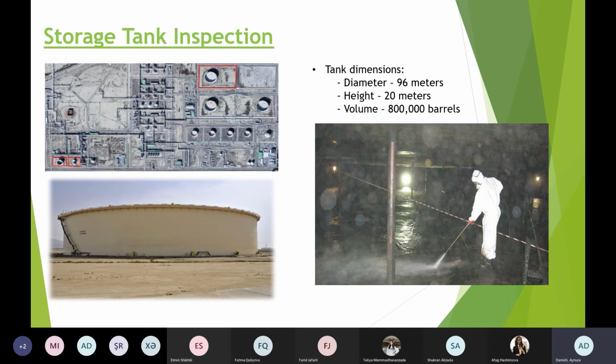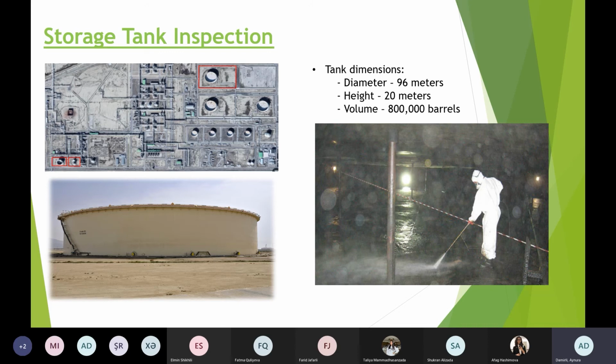One of the biggest problems for the oil and gas industry is inspection of big storage tanks. In big storage tanks we keep water, glycol, oil, condensate, different types of tanks.